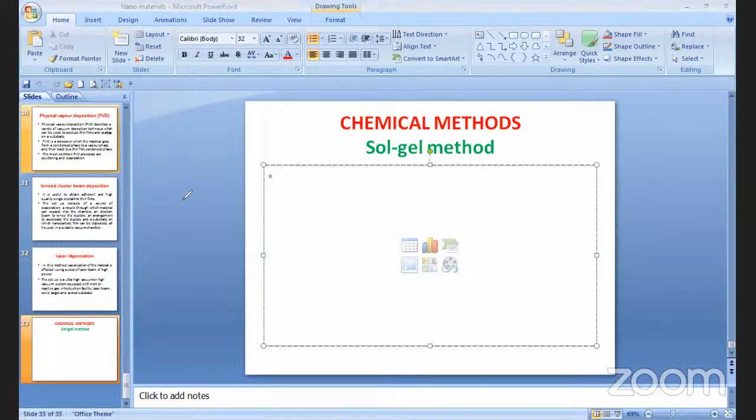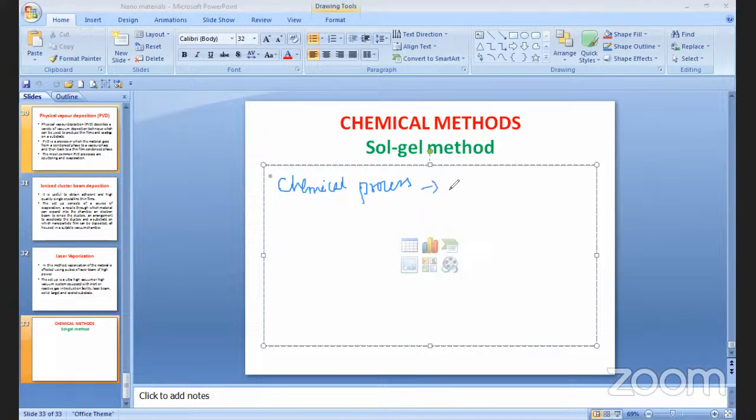The sol gel method is a chemical process which is used to make ceramic and glass materials.